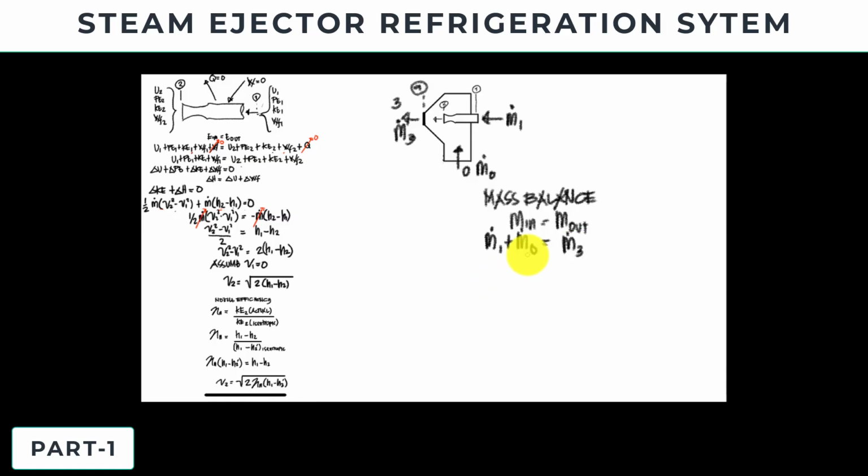Then for the momentum balance, mass flow rate 3 times velocity 3A is equal to the sum of the momentum entering.